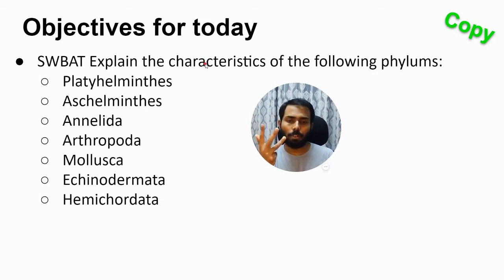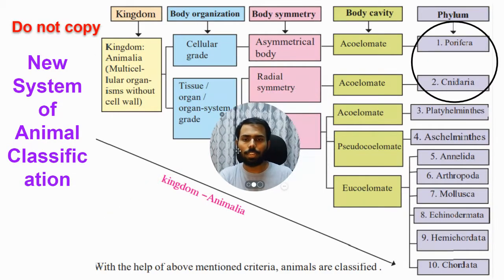Can you draw a diagram of one of those animals, etc.? What is the body organization? What is the type of symmetry? What is the type of body cavity? All these are called characteristics of the animals in those phylums. You should be able to explain these characteristics in detail at the end of this learning session for each and every one of these phylums. Great. Let us begin now.